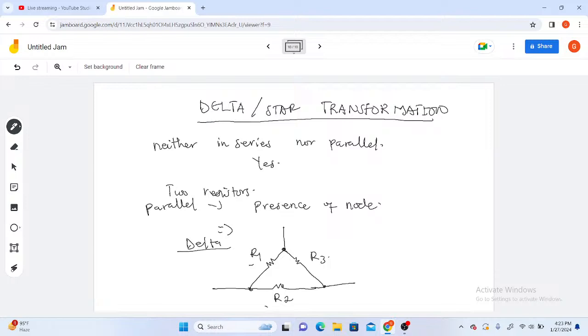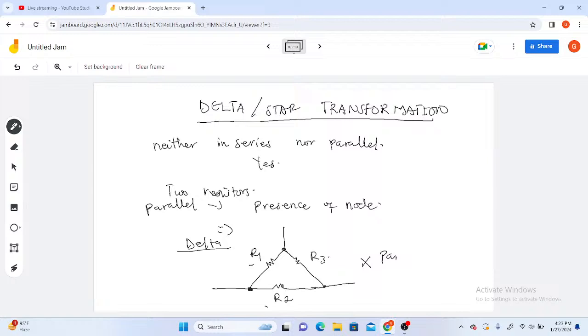There is a node here, meaning they are not in series, but that doesn't mean they are in parallel. If you traverse through them, you shouldn't meet any other element aside R1 and R2. But in this case, if I traverse through them, I'll meet R3 here. Hence, they are not in parallel.